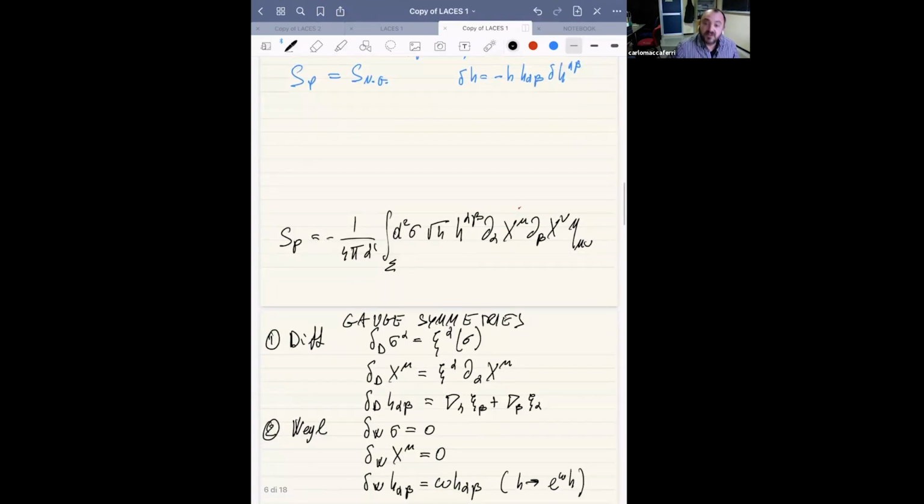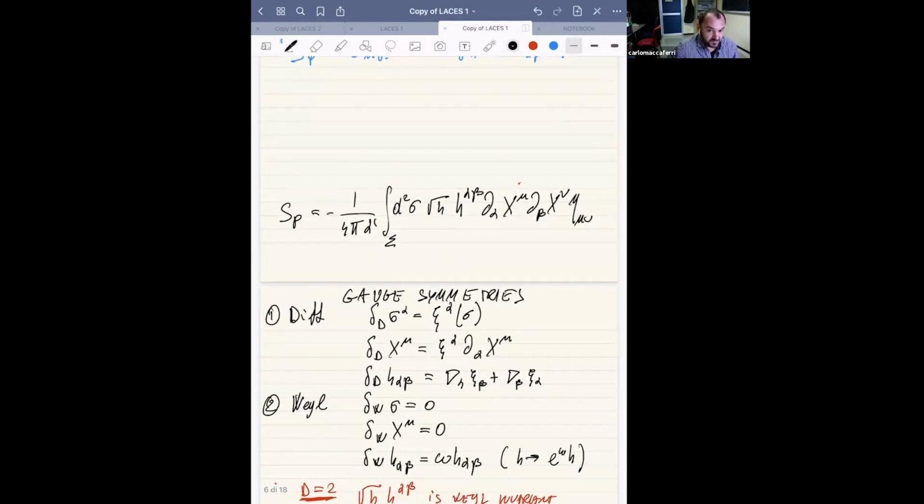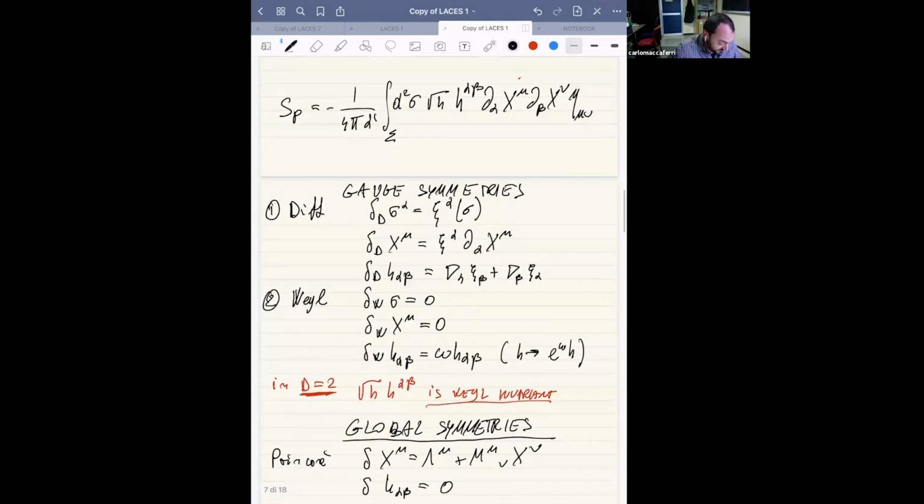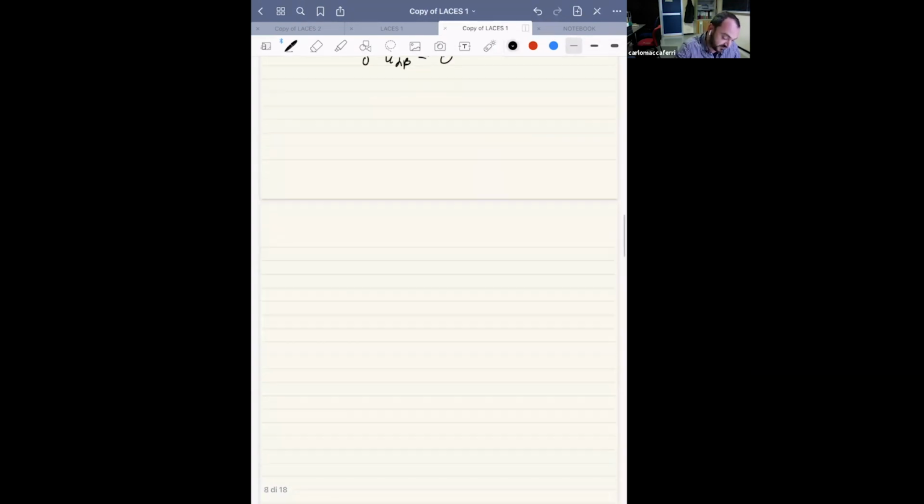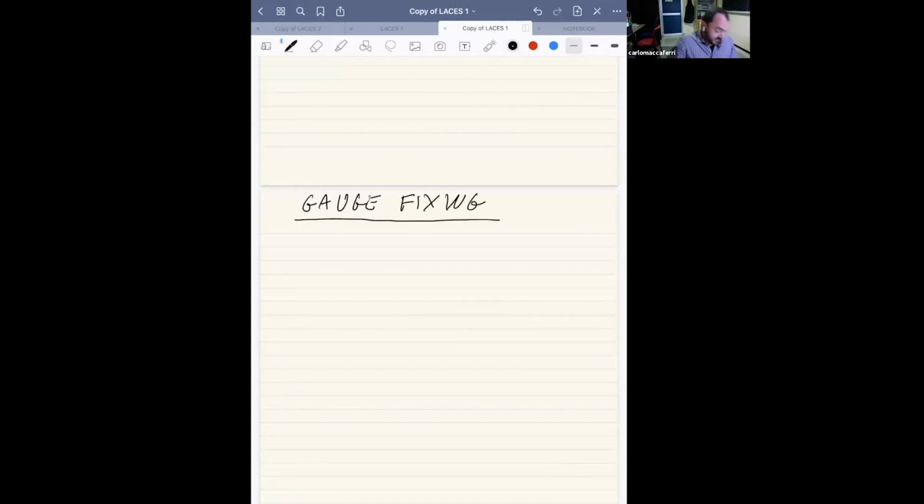Now, even before talking about what could be the interpretation of the path integral of this action, first of all, just to be able to define a path integral, since we have a gauge symmetry, the path integral cannot be defined properly unless we do some consistent gauge fixing of this action. And so why do we need gauge fixing?